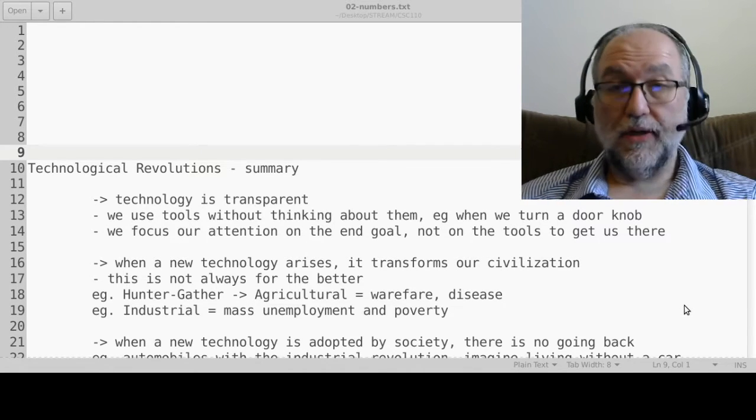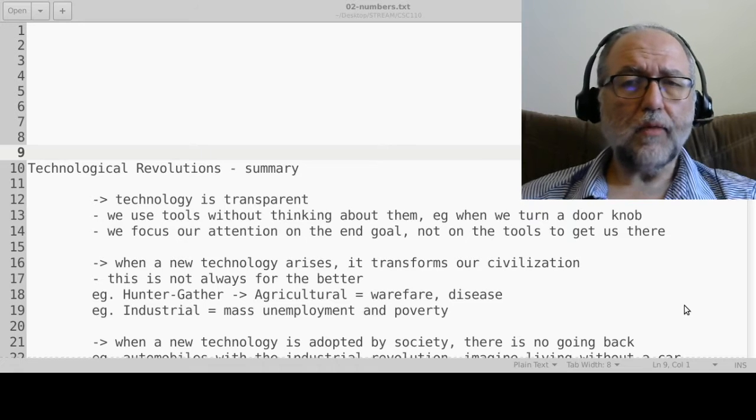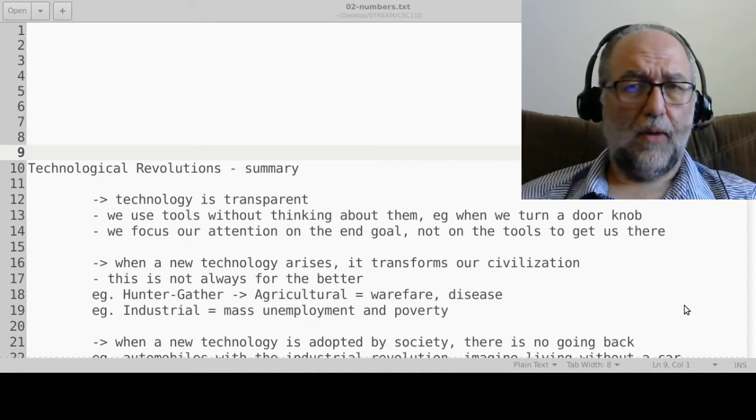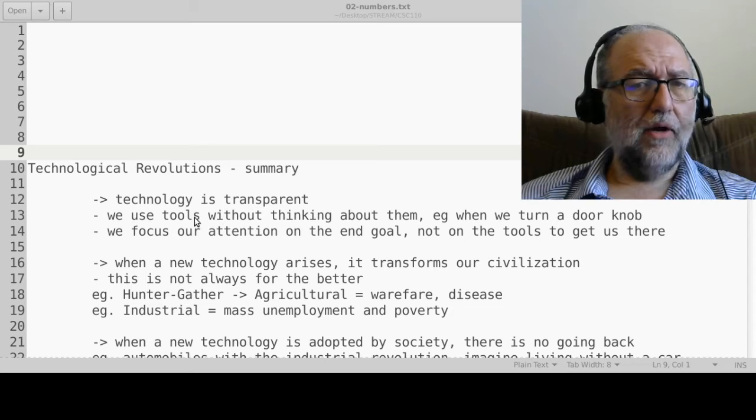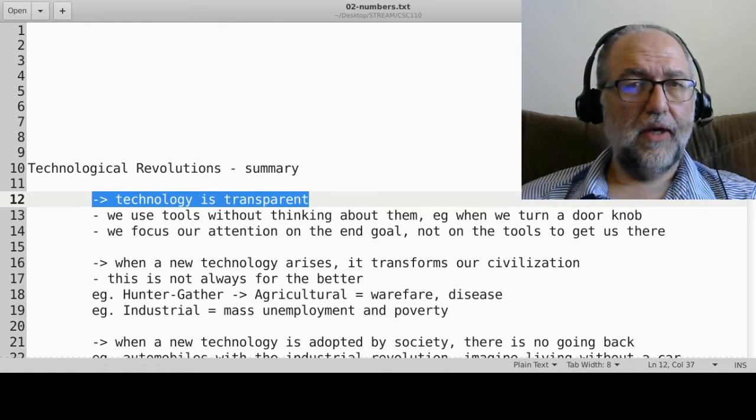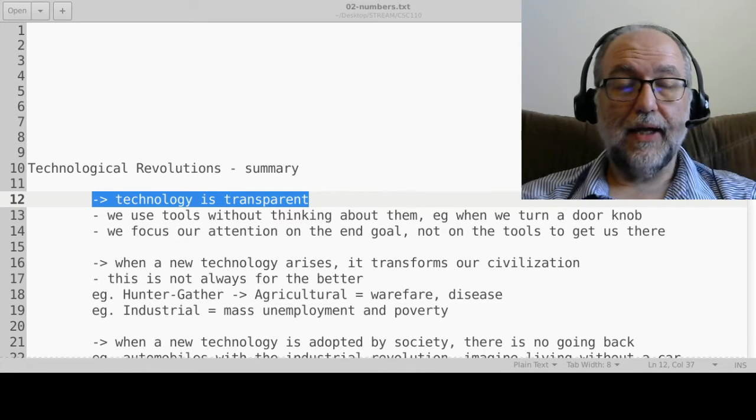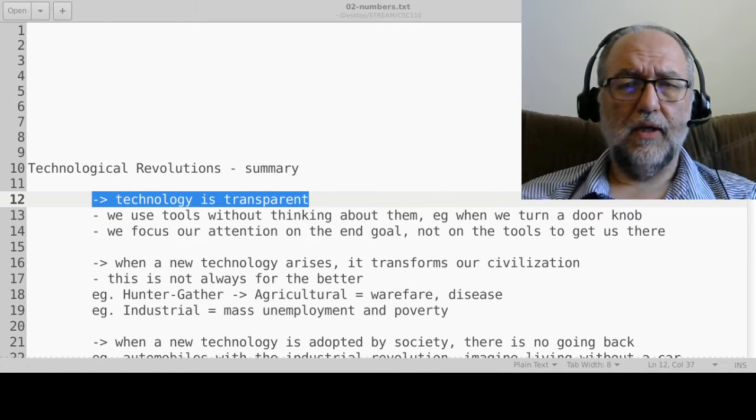So I just made some points, and these are overarching themes that we learned from our history. The first point is that technology is transparent. What I mean by that is that you don't always know that you're using technology.